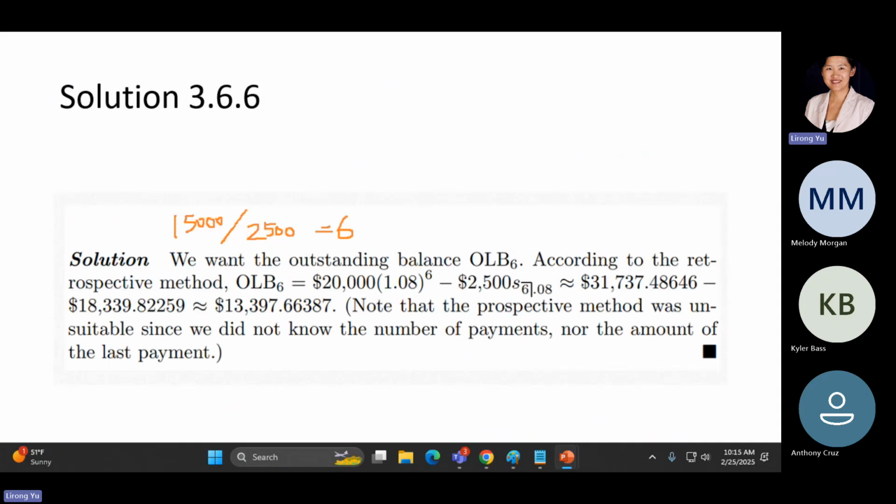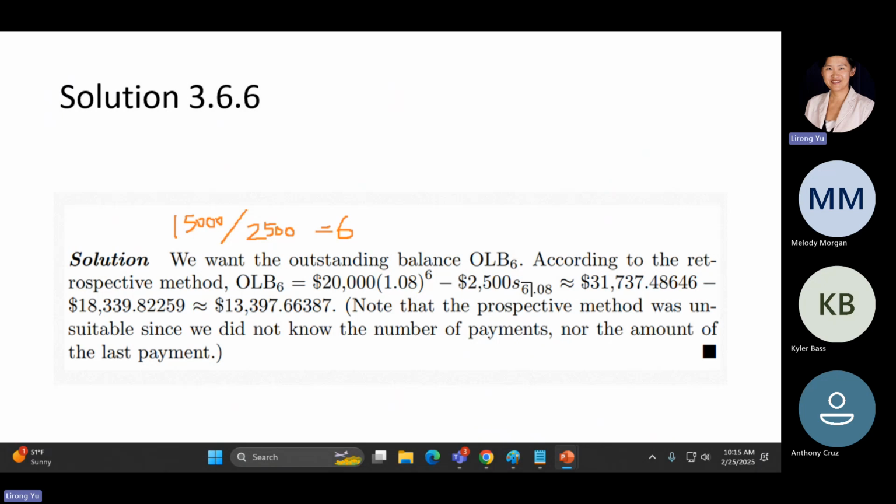So the number of payments is 6. We're supposed to calculate OBL6. Given the retrospective method, OBL6 will be 20,000 times 1.08 to the power 6. Since we're calculating at time 6, the loan amount is being raised to a higher value at time 6.